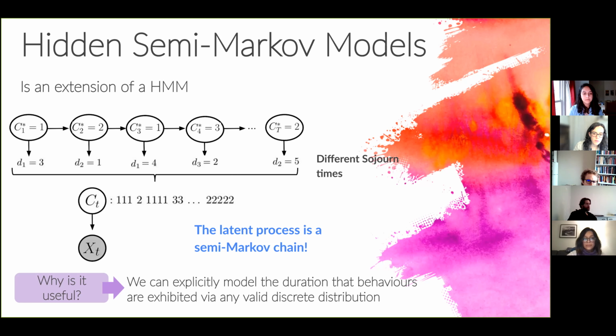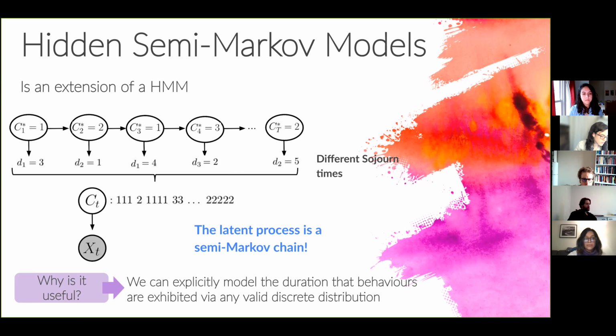So the main difference between those two behaviors is the time that the sheep spends doing one or the other. Maybe the sheep could be sleeping for half an hour, but standing just for 2 seconds. So we thought that maybe a hidden semi-Markov model could improve the classifications.